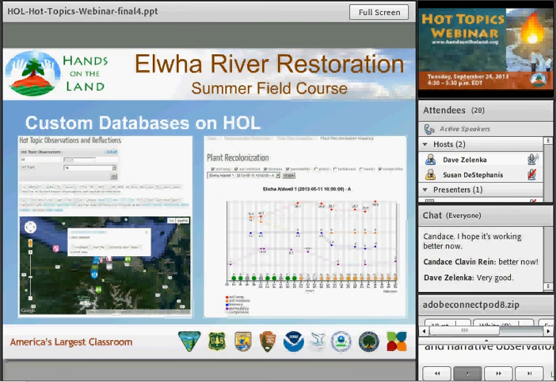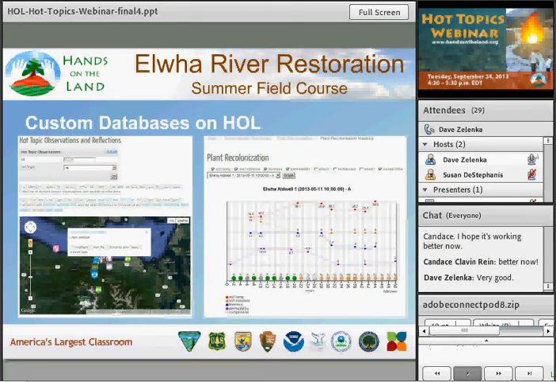So far, we only have Olympic National Park using this tool, but it is available for other member sites. Basically, you just need to be registered with Hands on the Land, and you can go in and post that data.